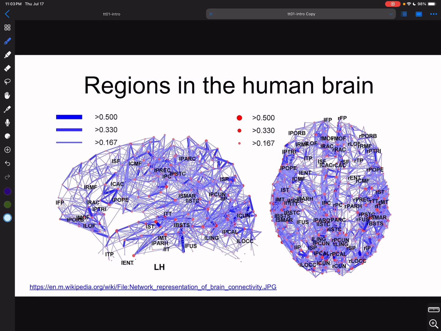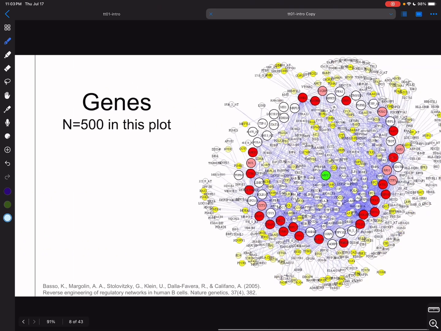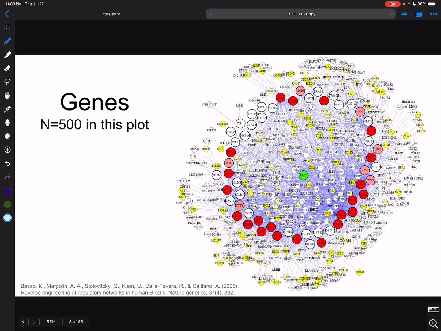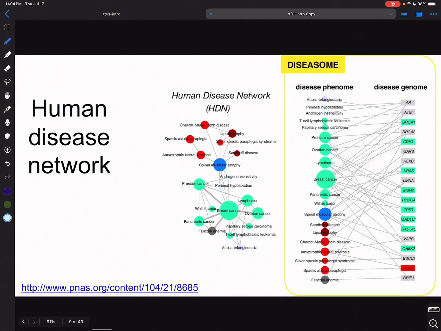And here's some infographic with more details, but these are very complex networks. This is some kind of a relationship between genes. I don't even know what the edges between genes would represent here, but probably not too important to know that.